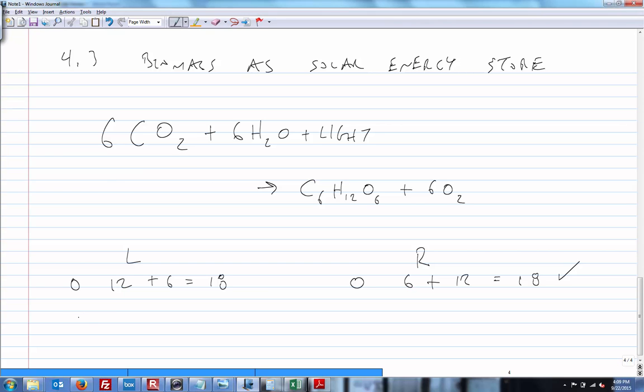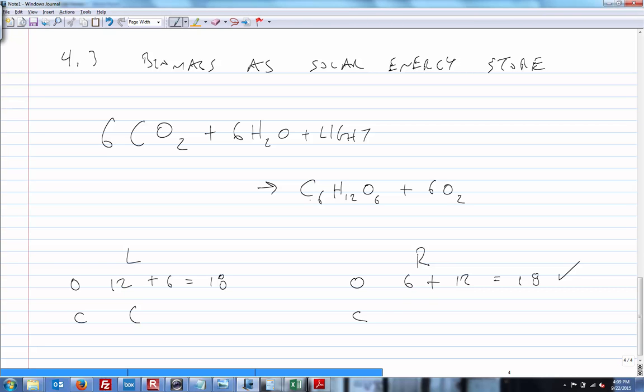Now we've got carbons. Right here there are 6 total, and all 6 of those carbons come from your 6 individual CO2 molecules. We talked a little bit about the structure of the CO2 molecule, went to the periodic table, so I think you're familiar with what that is now.